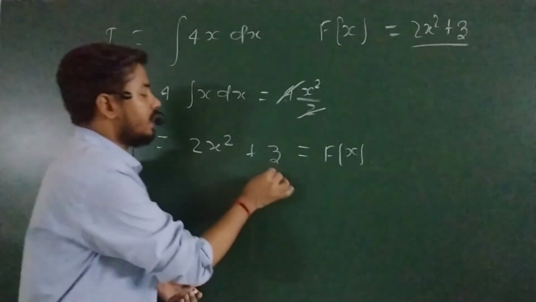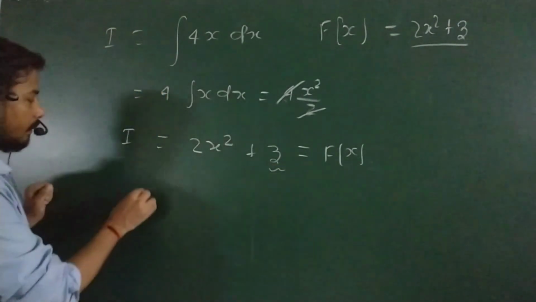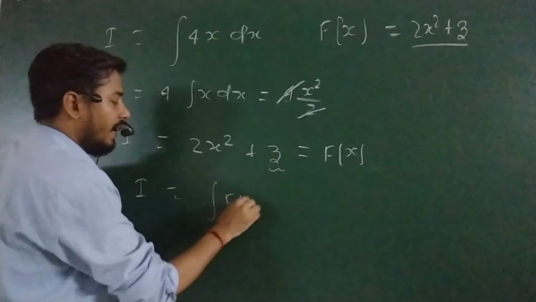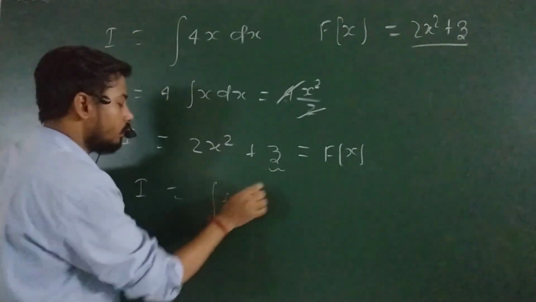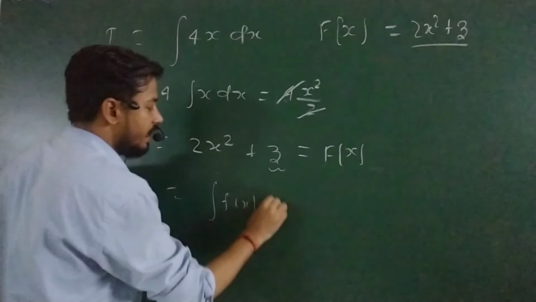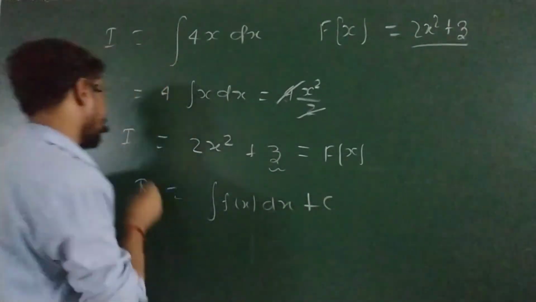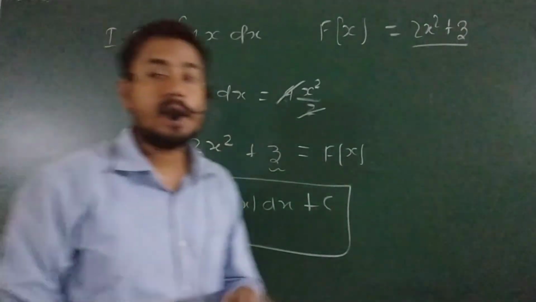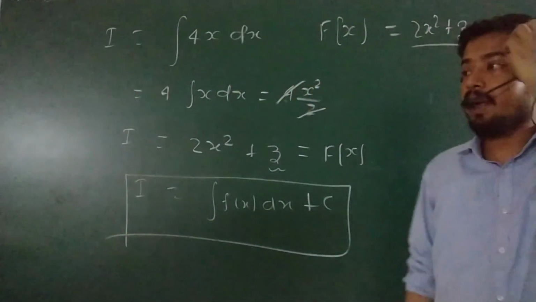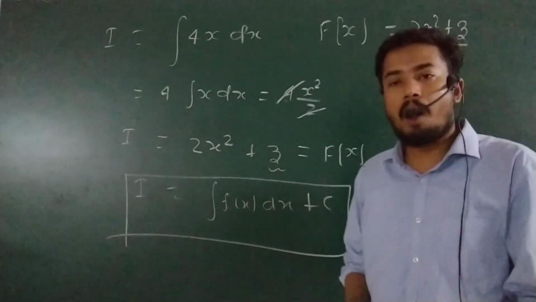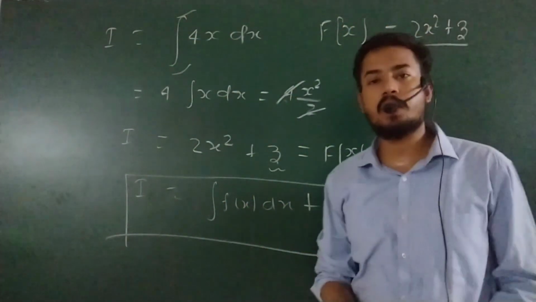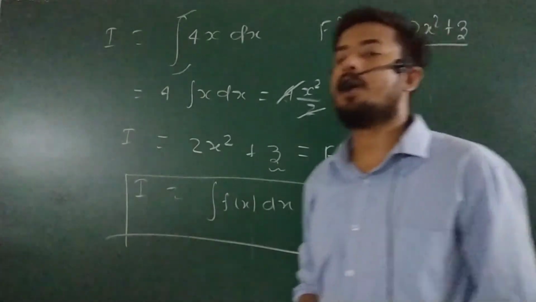Because of that, in the general case we say I is equal to the integration of f of x dx, and its result must be added with some constant. Getting my points? But this is only for indefinite integration. If there is no boundary, no limit, then we can use this result. Done, buddy? Okay. See the next.